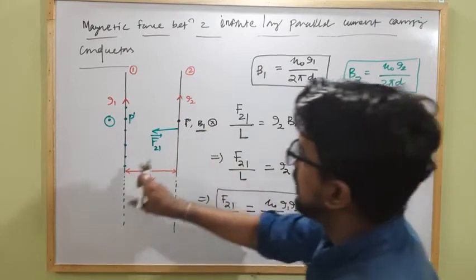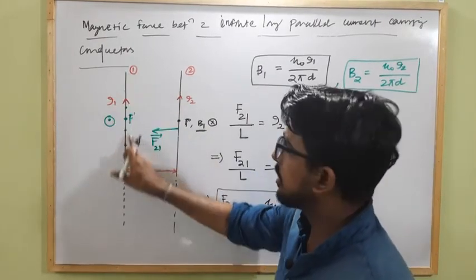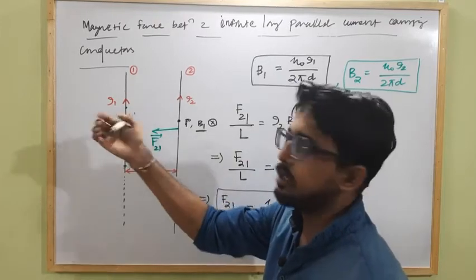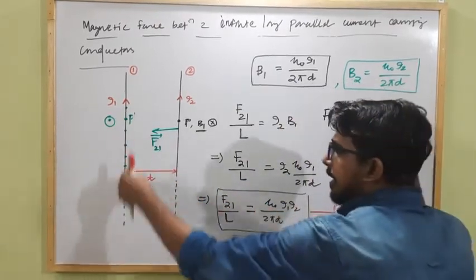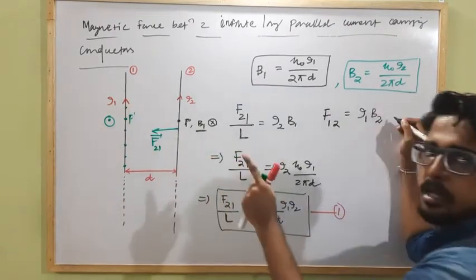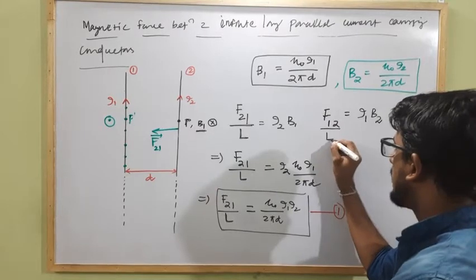What is theta? The current flows along the conductor and the magnetic field is out of the plane, so the angle is 90, so sin 90 will be 1. And as this is infinitely long, we have to find the magnetic force per unit length of the conductor.